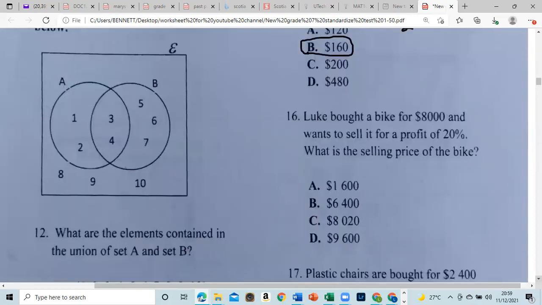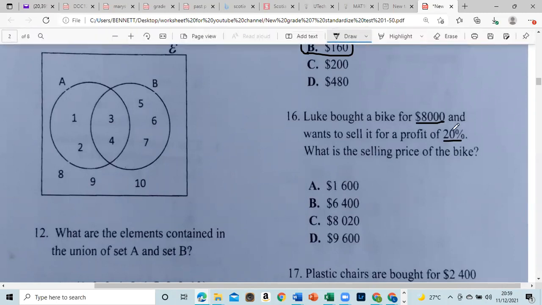Luke bought a bike for $8,000 and wants to sell it for a profit of 20%. What is the selling price of the bike? So you want to increase it by 20%, right? There's an easier way than dividing or whatever.